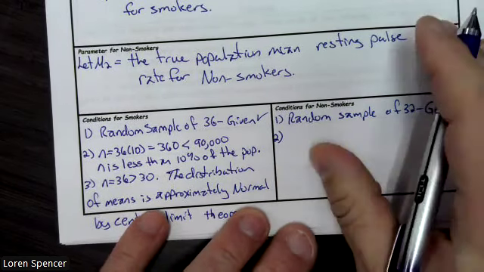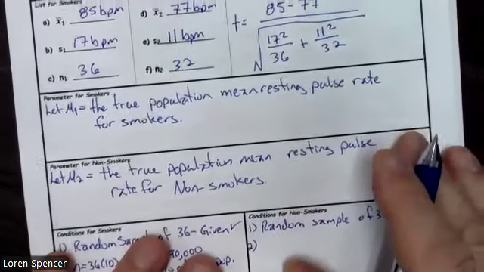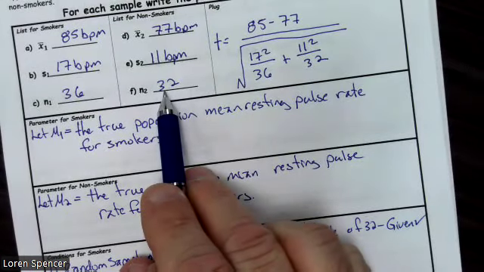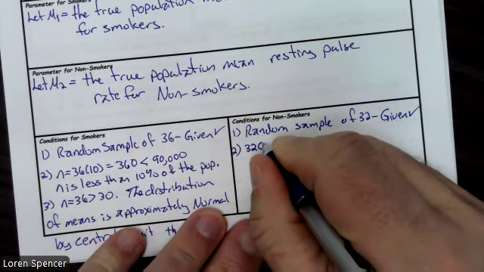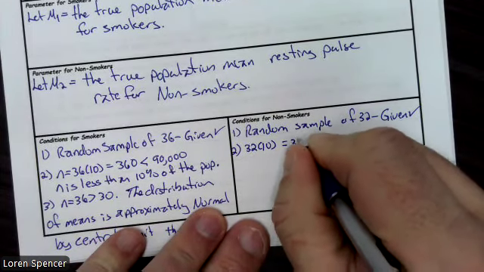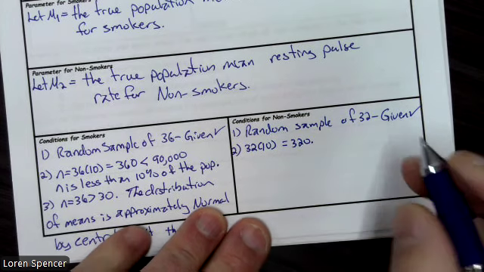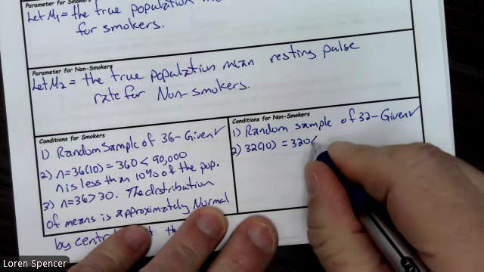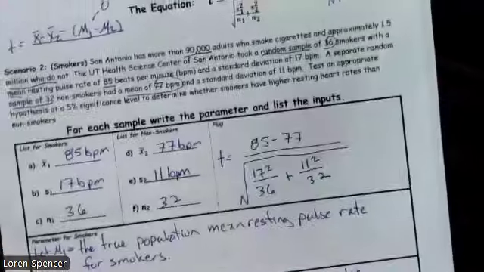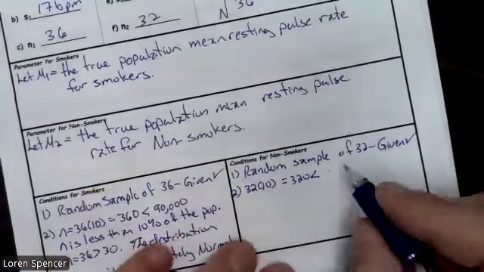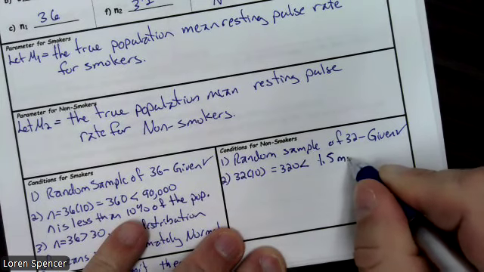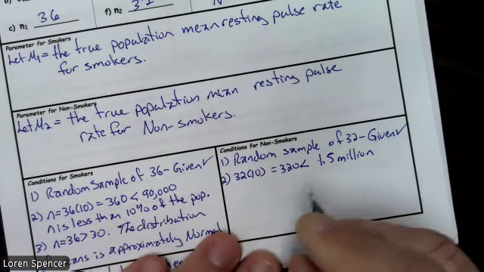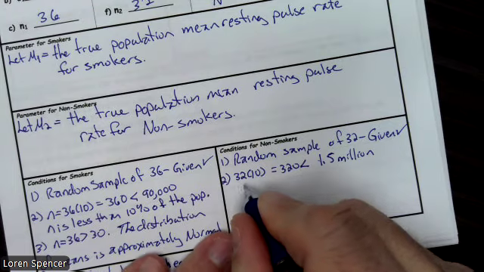Number two, on this side, we need to check the n is less than 10%. We have 32. And these are the non-smokers. 32 times 10 equals 320, which is less than, well, up here, they told us we had 1.5 million. 320 is definitely less than 1.5 million. n is less than 10% of the population.